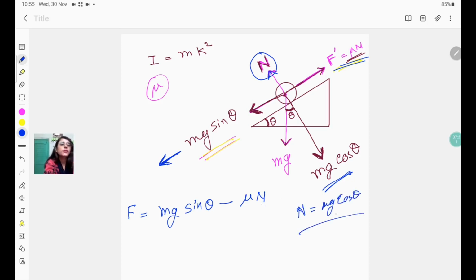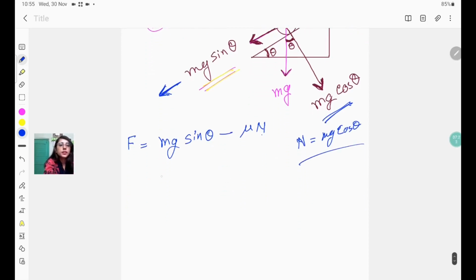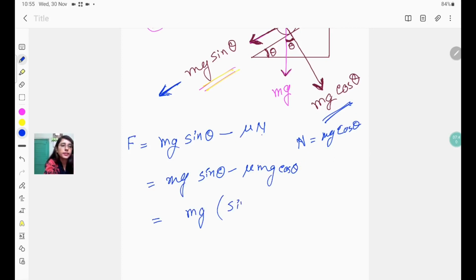So mg sin theta minus mu, in place of N we can write mg cos theta. Okay. Now we can take mg common. So it is mg times sin theta minus mu cos theta.